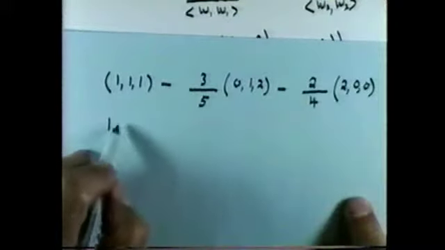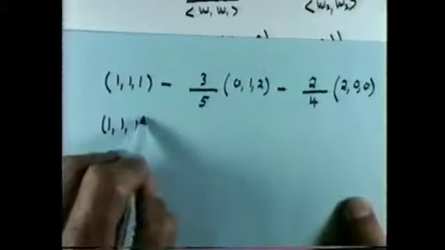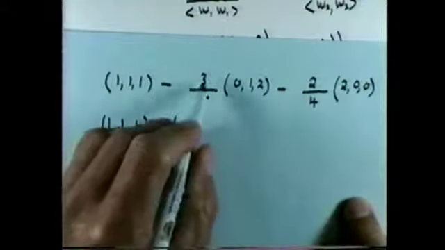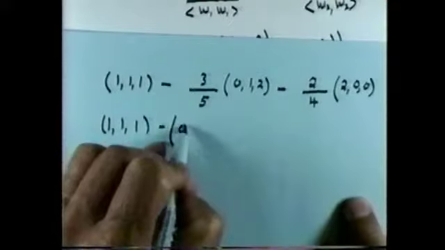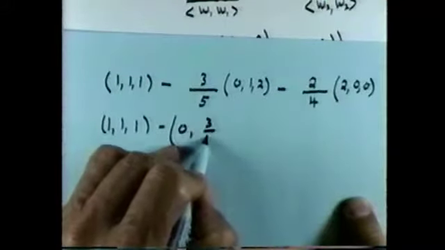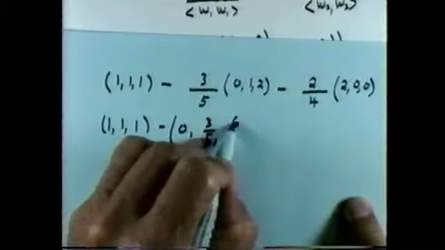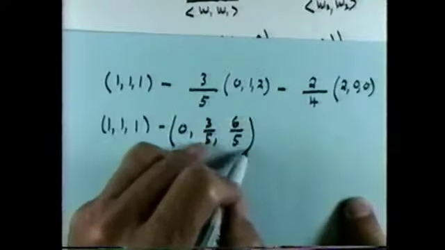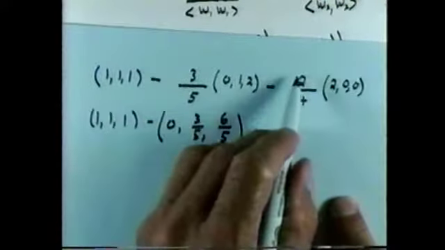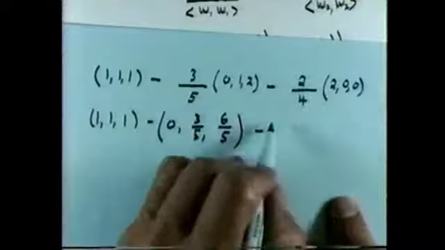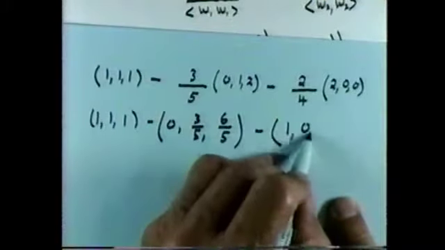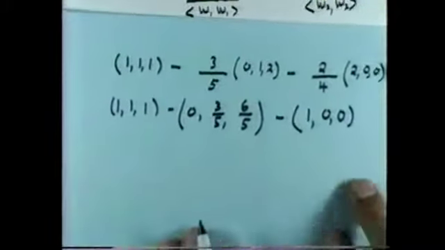So it's going to be (1, 1, 1) minus (0, 3/5, 6/5) minus 2/4, which is 1/2, of 2 is (1, 0, 0).